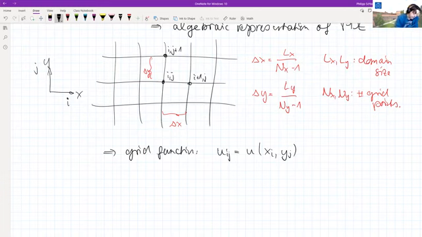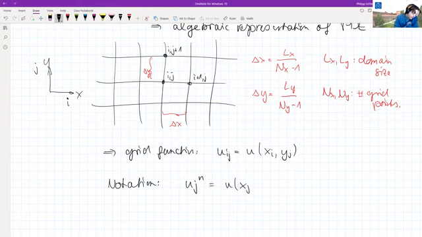And before we go to the break, there's a little bit of notation that we will use later on, or many people use. So if I have my grid function written in this way, so u_j^n, this would typically mean that the subscript is reserved for spatial discretization.